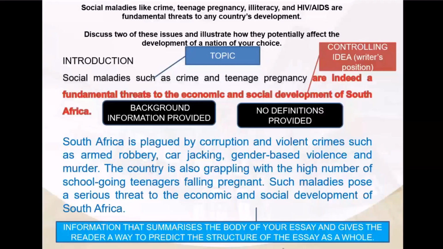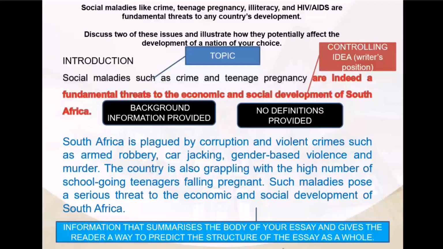It says social maladies such as crime, teenage pregnancy are indeed a fundamental threat to the economic and social development of South Africa. So if you look at the second part of the essay question, it says, discuss two of these issues of either crime or teenage pregnancy or illiteracy or HIV/AIDS. So the student has chosen to focus on crime and teenage pregnancy.